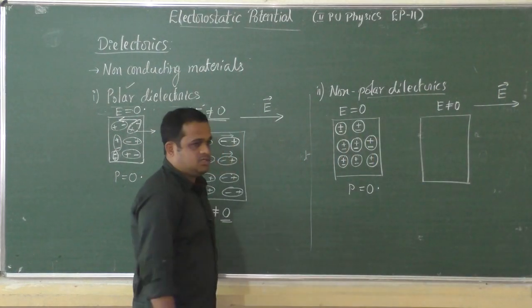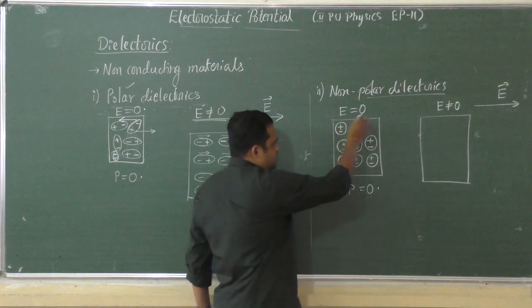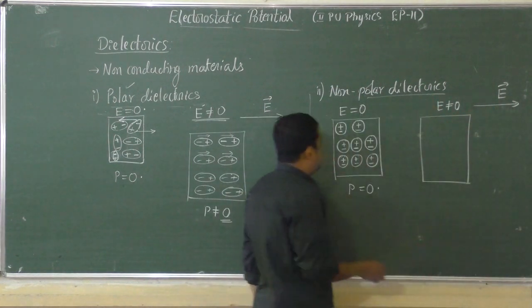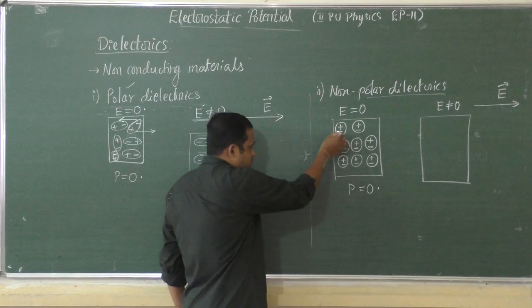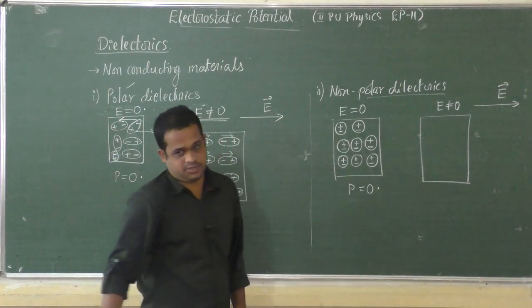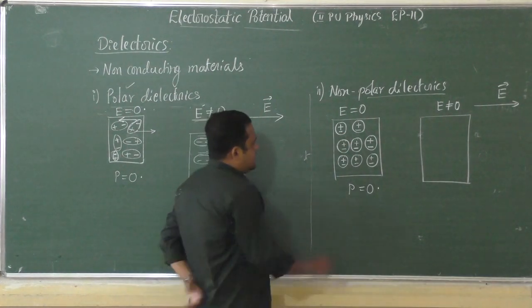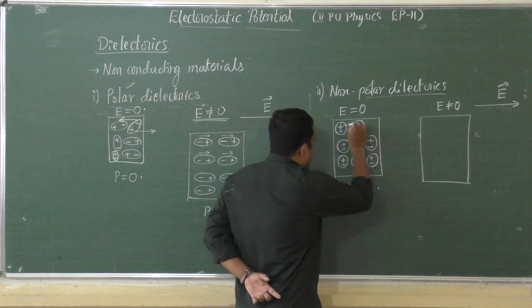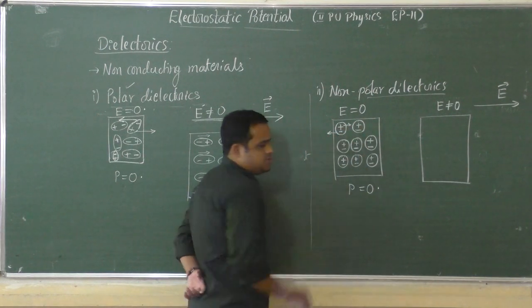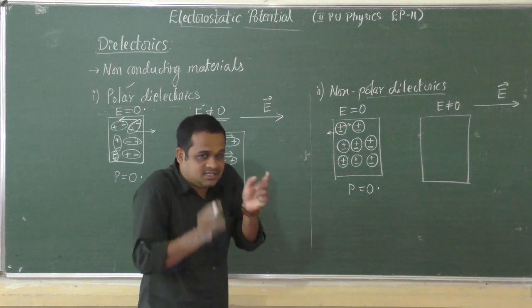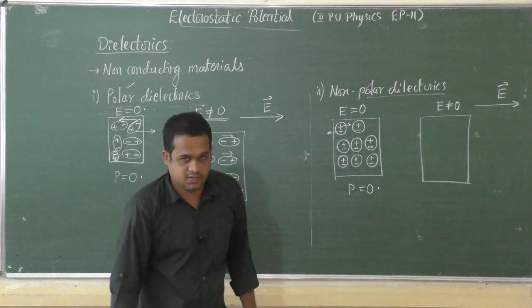Here also, the positive charge experiences a force along the direction of the electric field, and the negative charge experiences a force in the opposite direction. So in the first step, the positive center and negative center will move in opposite directions, which creates a separation between the positive and negative centers.